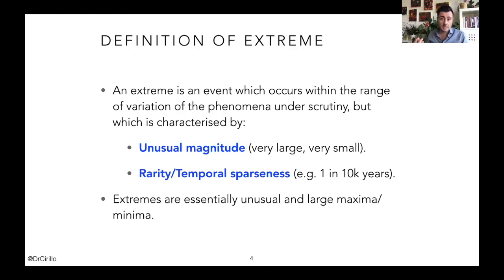Remember that in extreme value theory, we can be interested both in maxima and in minima. We will mainly focus on maxima, but there are also situations in which one might be interested in minima. So an extreme needs to have a particularly unusual magnitude, where large needs to be taken as meaning very, very large, or very, very small.